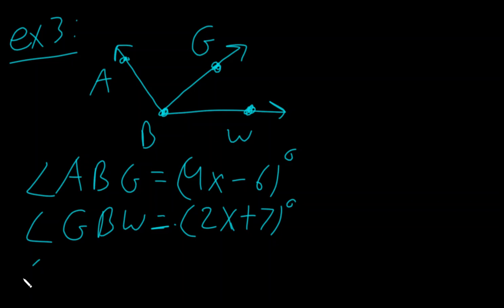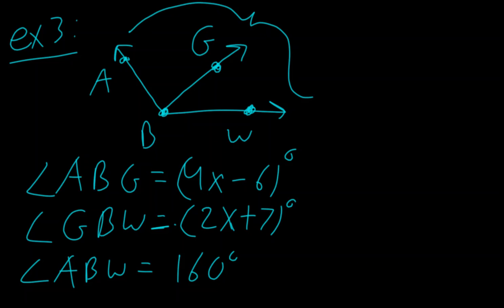And lastly, let's say I give you the angle A, B, W is equal to 160 degrees. Now the first question I want to ask you is, can you identify which of these 3 angles represents the whole? Which of these 3 angles represents everything? And if you said it was the 160, you are correct.